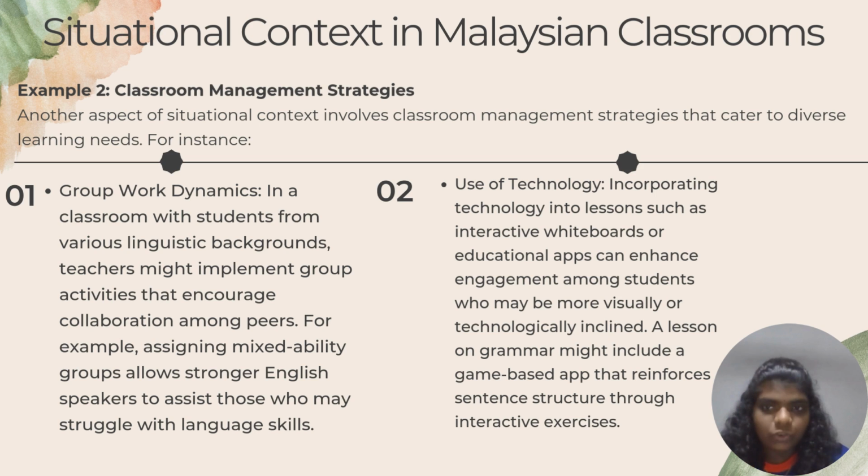In a classroom with students from various linguistic backgrounds, teachers might implement group activities that encourage collaboration among peers. For example, assigning mixed ability groups allows stronger English speakers to assist those who may struggle with language skills. The second one is use of technology.